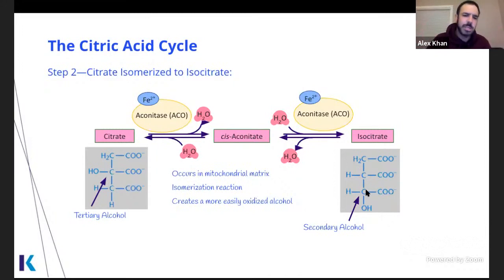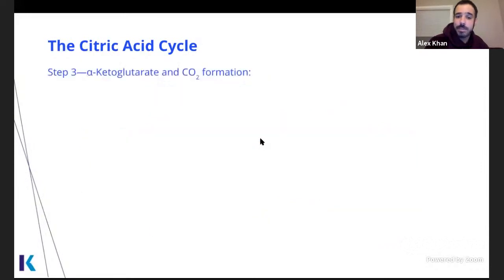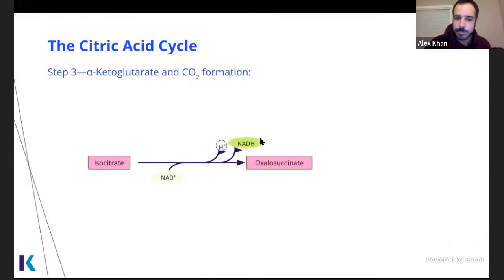Remember, focus on the big picture. The MCAT is unlikely to ask you about why we did this. It's also very unlikely to ask you about cis-aconitate. They like the big steps, and this one is not one of them. Speaking of big steps, that gives us a really nice lead-in to step 3 in the Krebs cycle.